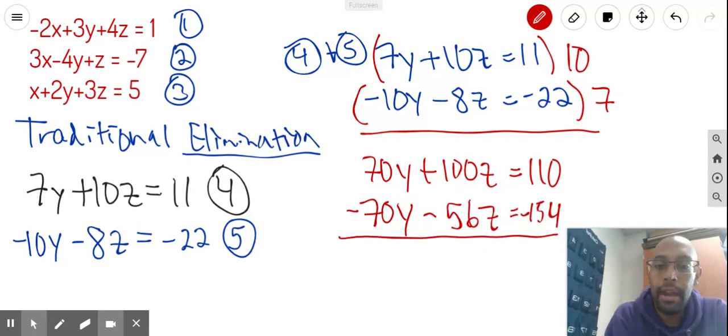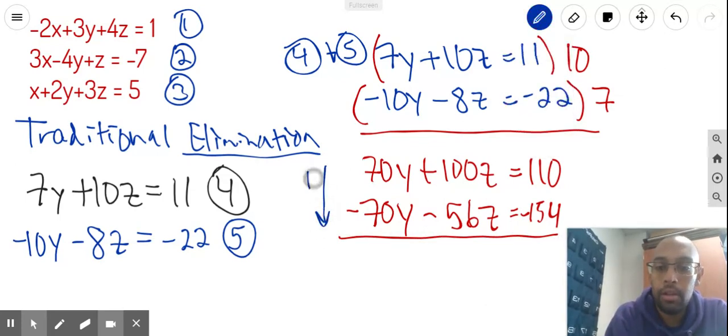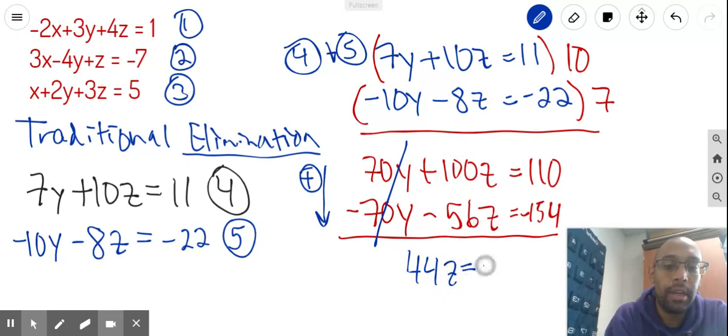All right, so now we add top down. The y's are going to cancel. 100 minus 56 is 44, so 44z. And then 110 minus 154 is negative 44. Divide both sides by 44, and we get z is negative 1.